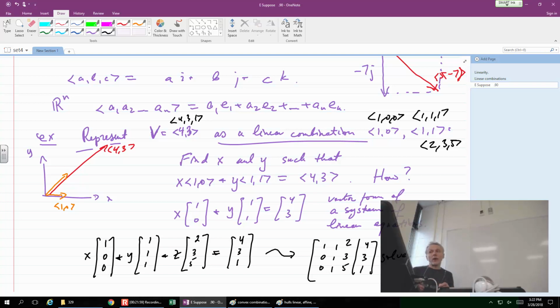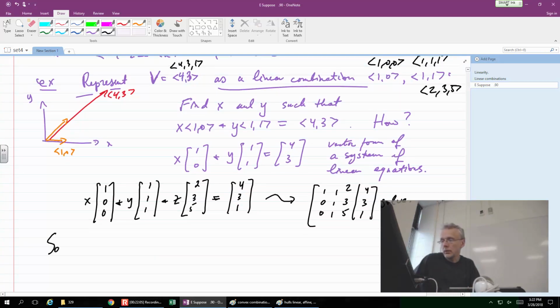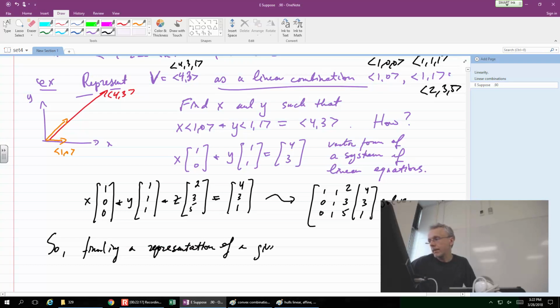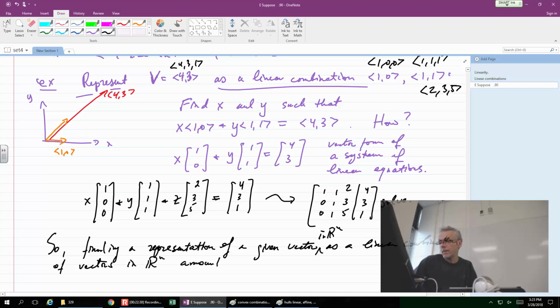Okay? So that's observation number 1 that I want to make. Finding a representation of a given vector in Rn as a linear combination of vectors in Rn amounts to solving a system of linear equations.